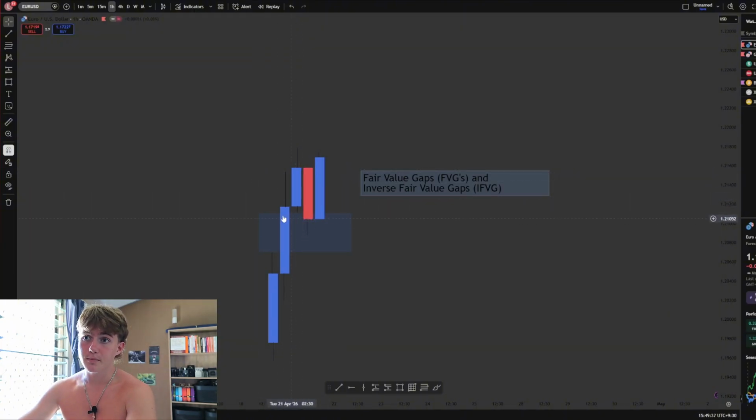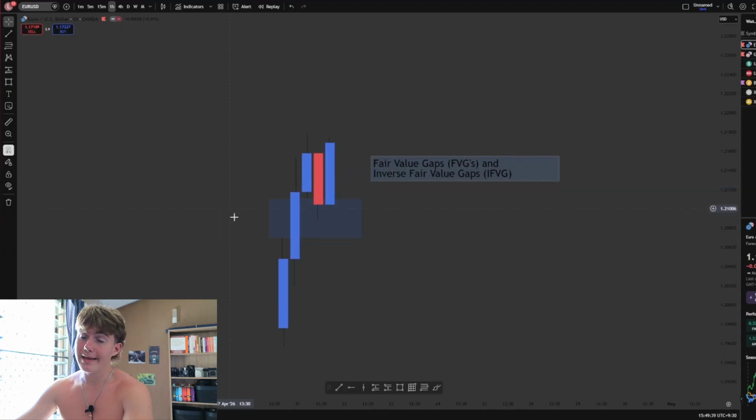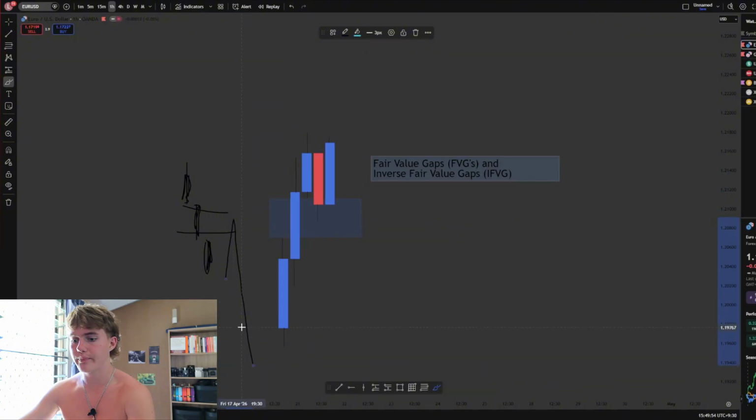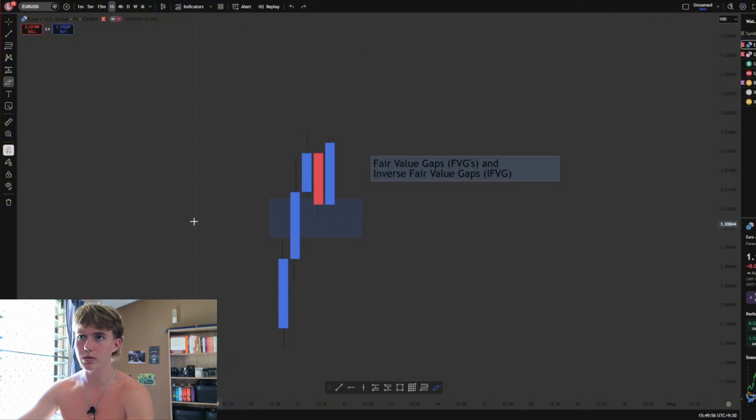It's likely to, and this is the exact same for the downside. We get that three candlestick pattern to the downside, and that's the gap; price comes in, then goes down. I'm not going to draw it all again.